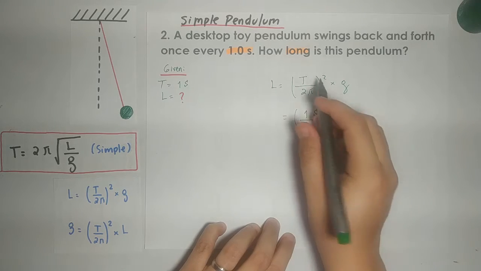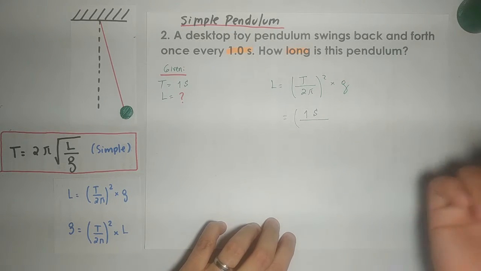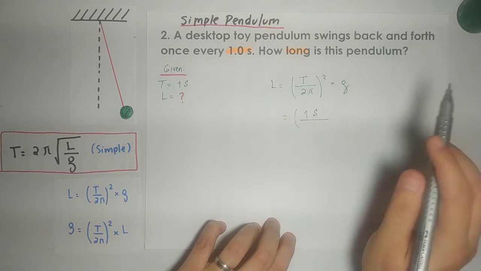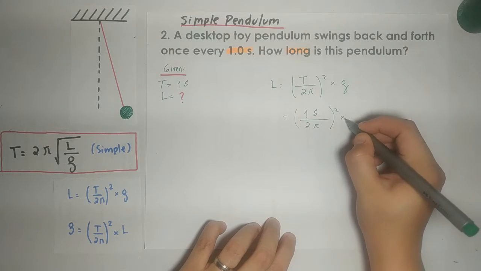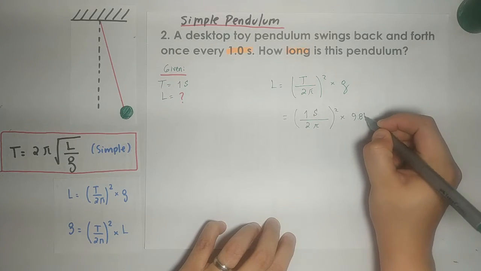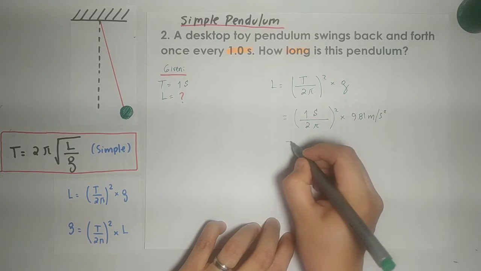Now what if the period is given in a different unit? You have to do conversion. Period should be in seconds. Divided by 2 pi raised to the second power times 9.81 meters over second squared.